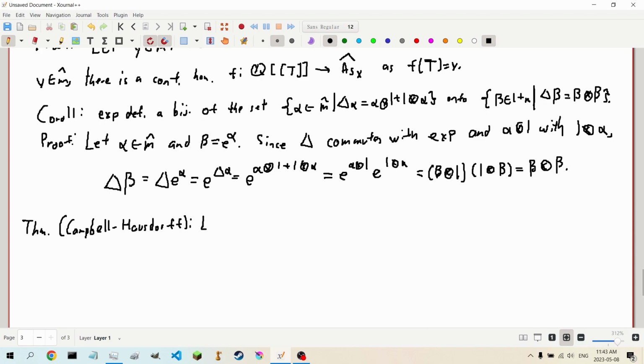So we're going to let X be the set of two distinct elements, with X not equal to Y.